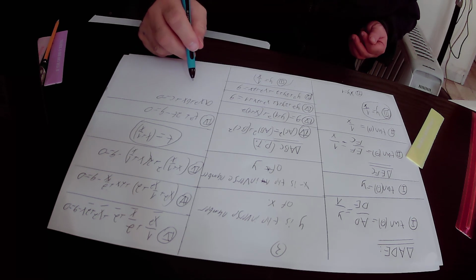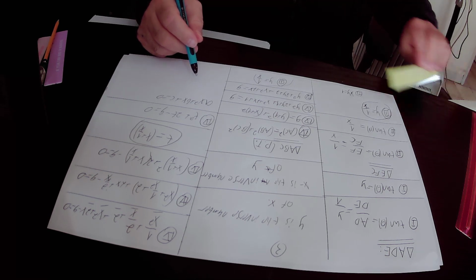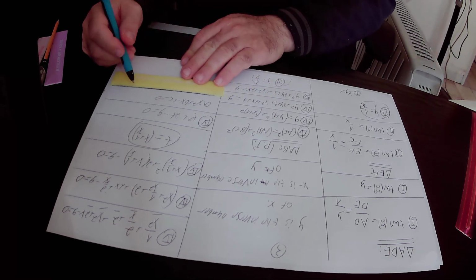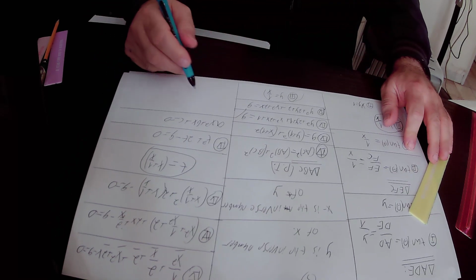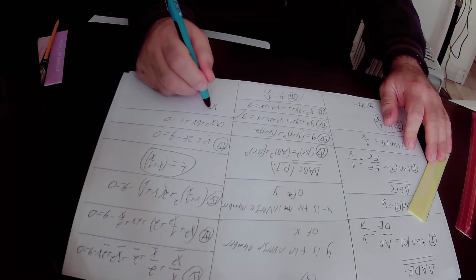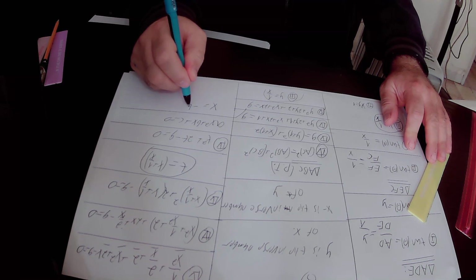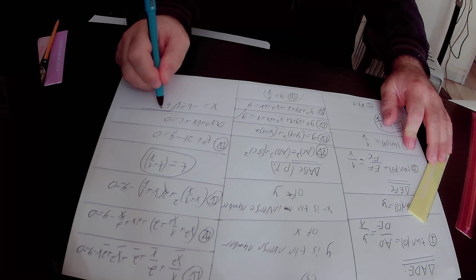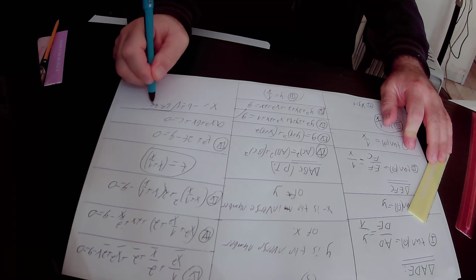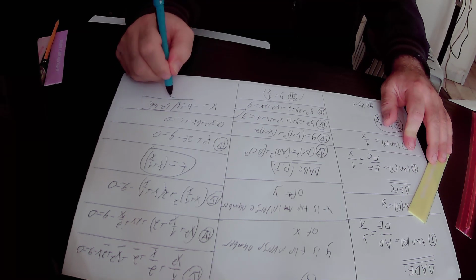Here a, b, and c are the coefficients of this quadratic equation, and x is the variable that we are looking for, and we find the value of x according to a special formula. x actually equals minus b plus minus square root of b squared minus 4 times a times c, over 2a.